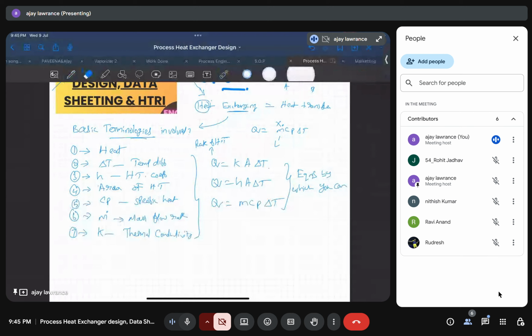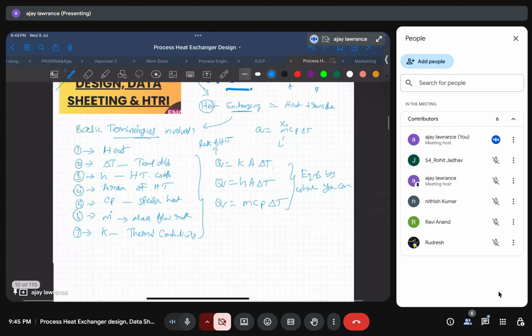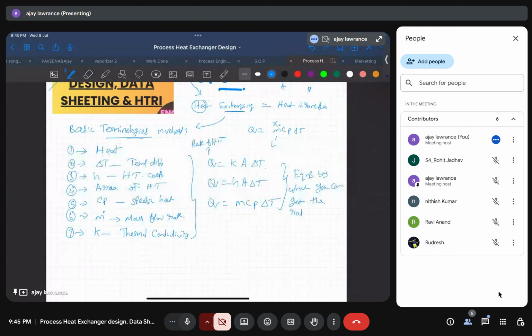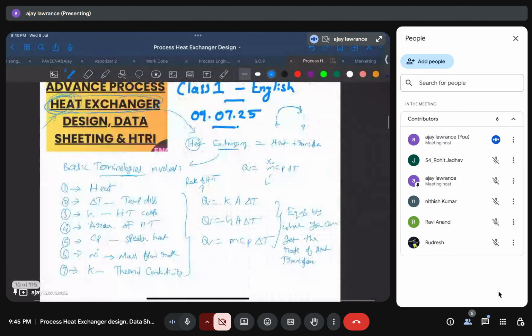So these are the equations by which you can get the rate of heat transfer. As of now, I've just written a jigsaw puzzle.